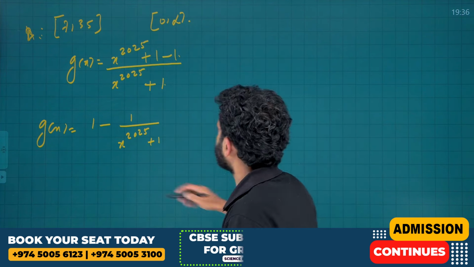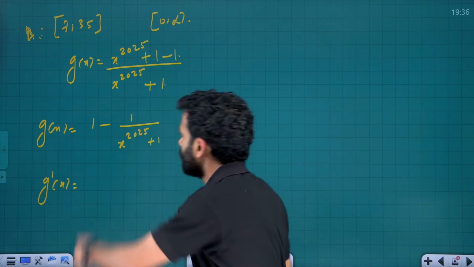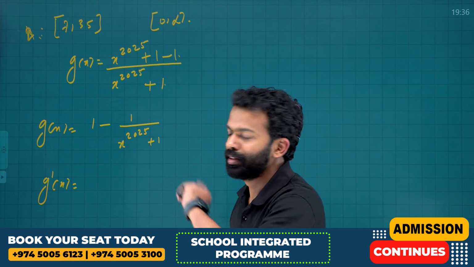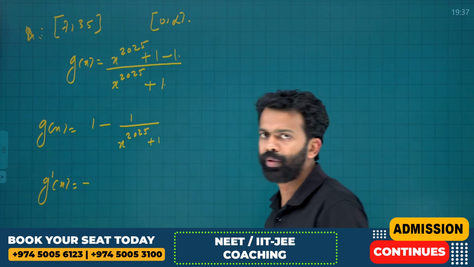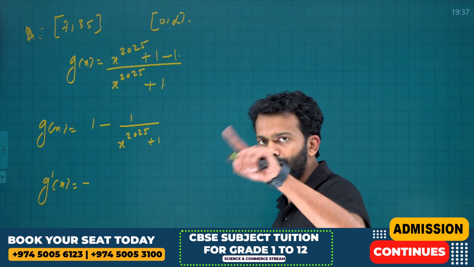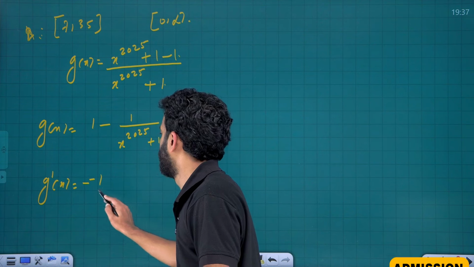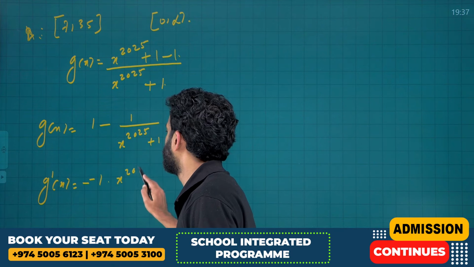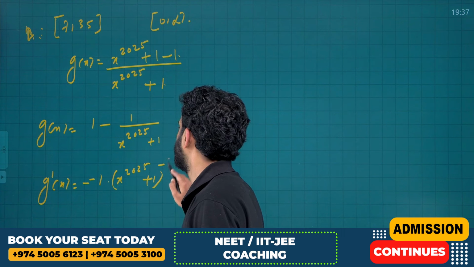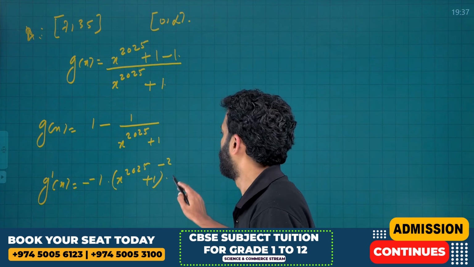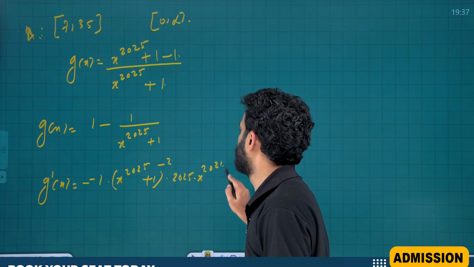Okay, so differentiate it and you will get g dash of x is equal to, this is 0 and minus of this one comes on top, it will be x raised to 2025 plus 1 the whole raised to minus 1. The derivative of that will be 1 minus 1 into x raised to 2025 plus 1 the whole raised to minus 2 into 2025 into x raised to 2024.